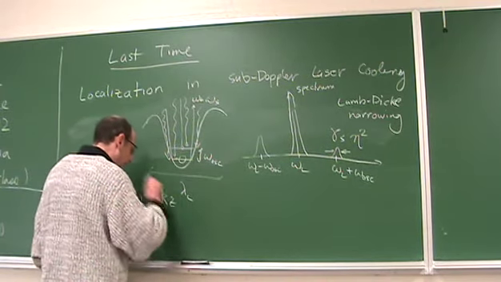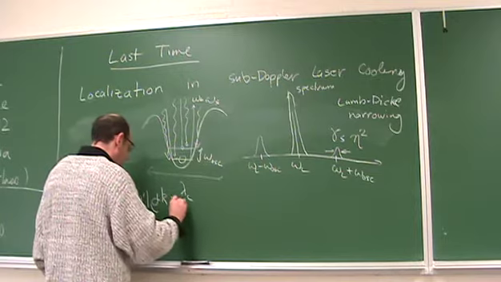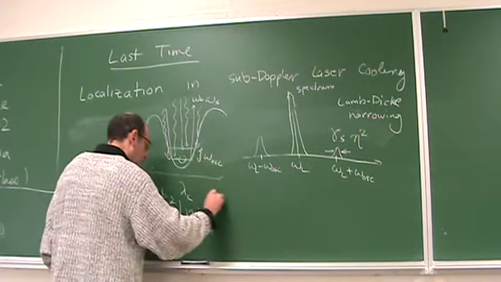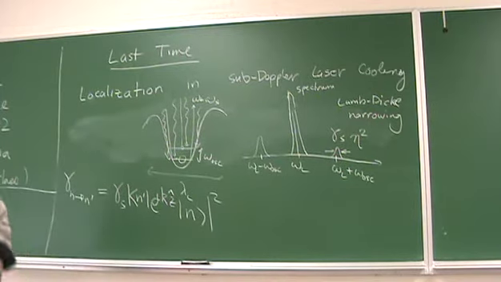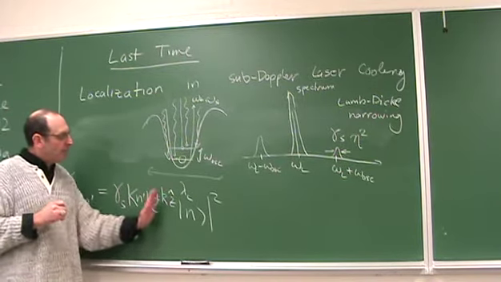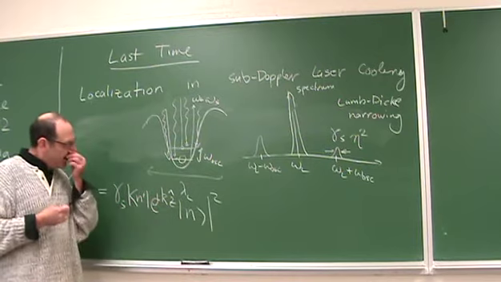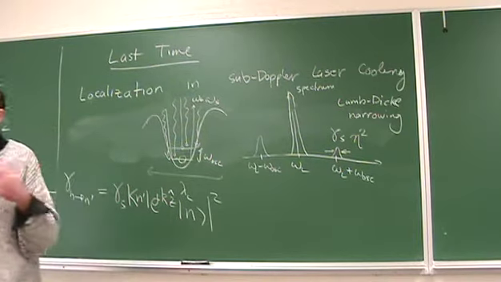So if the recoil is all in the z direction, then there is a factor having to do with the absorption of a photon giving a translation in momentum of h bar k.